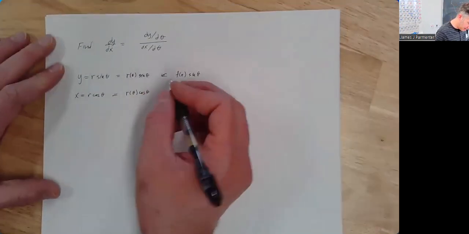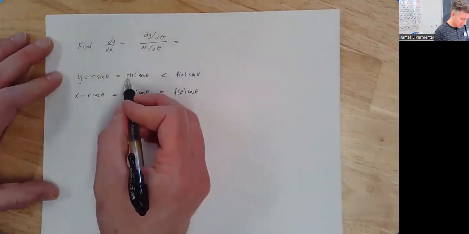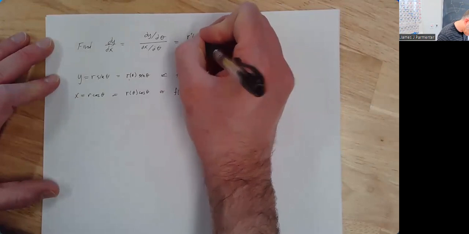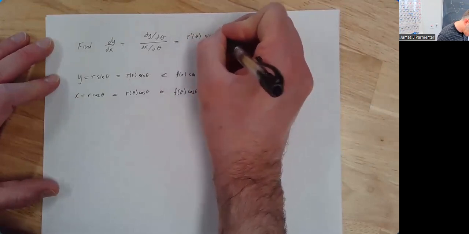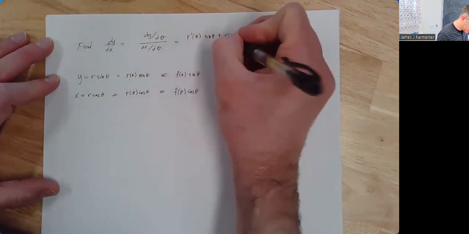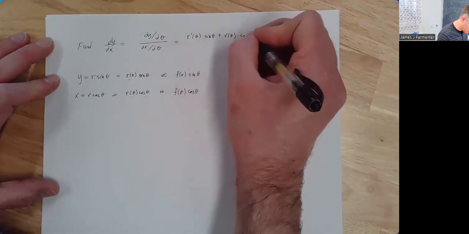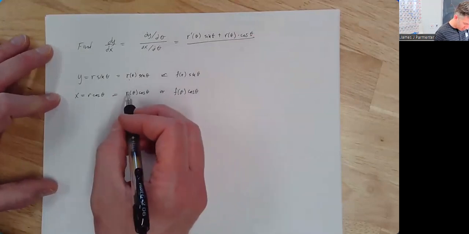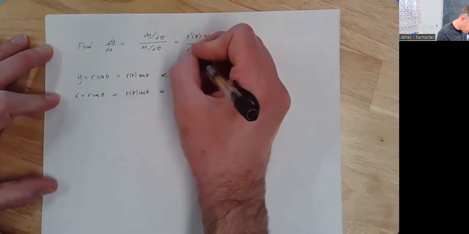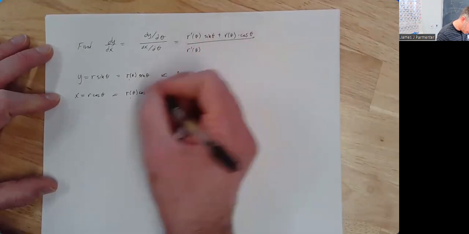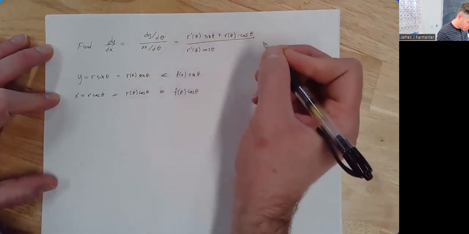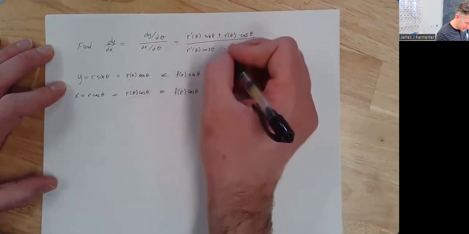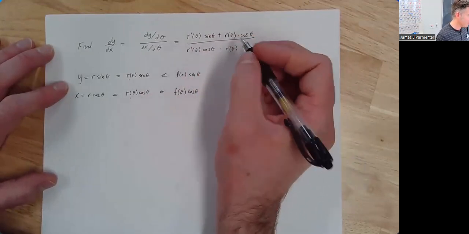So dy/d theta is going to be, well, product rule, the derivative of r, so r prime of theta times sine of theta plus r of theta times the derivative of sine, which is cosine, over, same deal for the derivative of x. Product rule, the derivative of r of theta is r prime of theta times cosine of theta plus r of theta times the derivative of cosine of theta, which is negative sine of theta, which is why I didn't write the plus, because I'm going to write the minus sign instead.